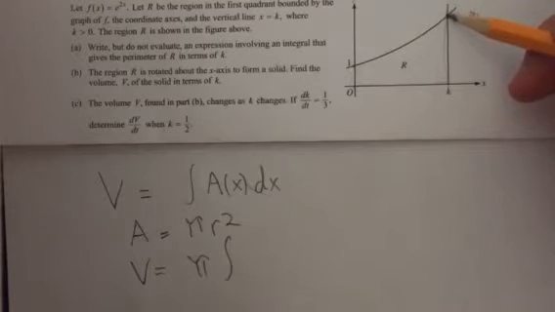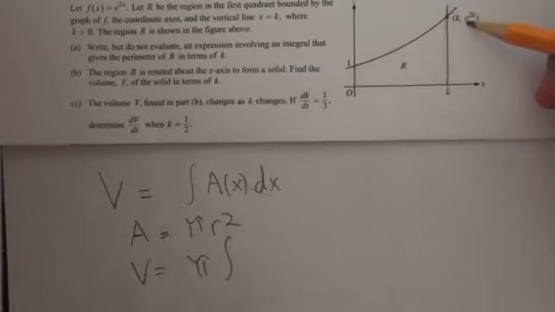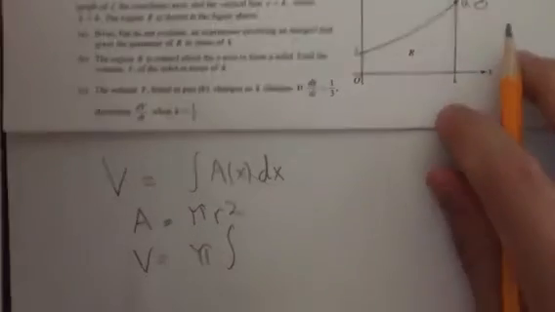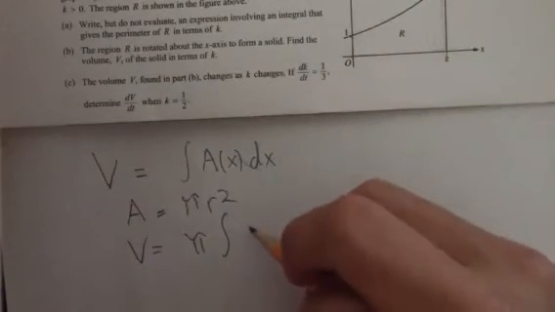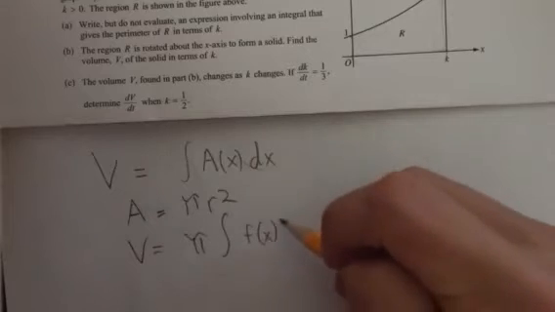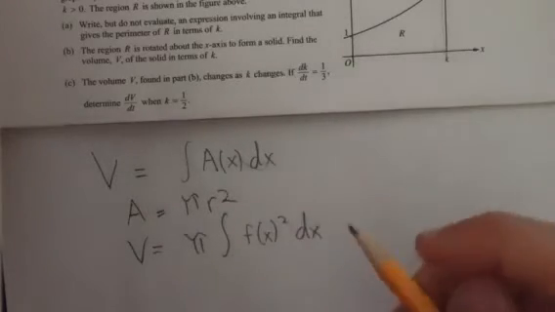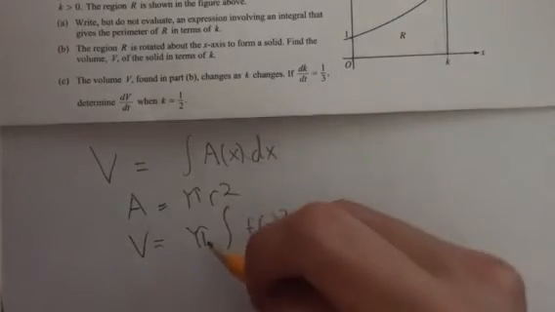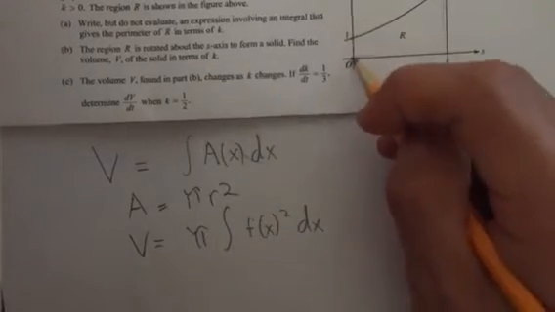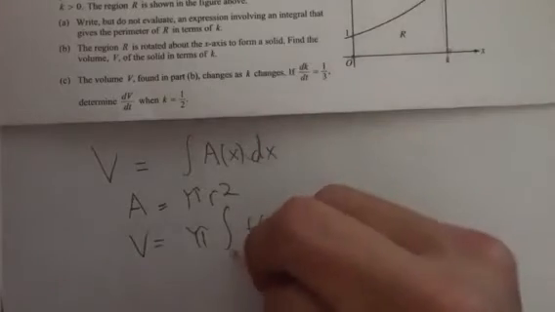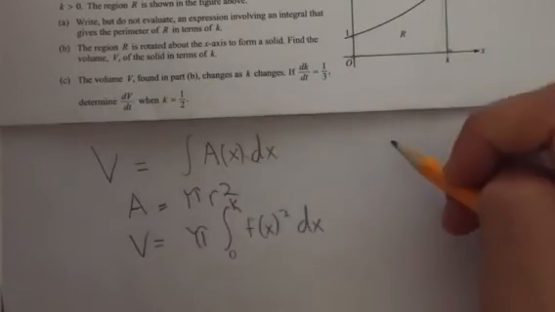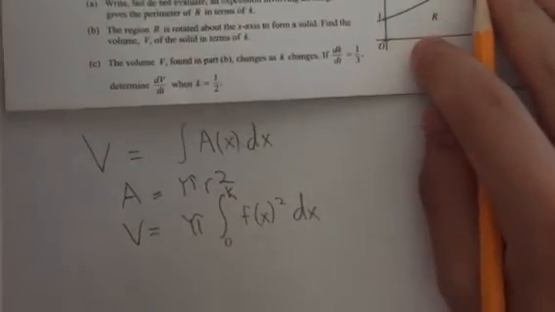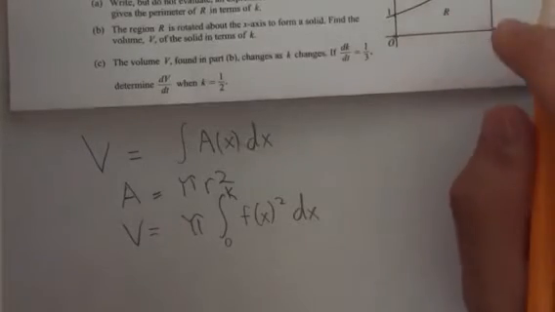For example, here the radius would be e to the 2k, since that's the distance from that point to the x-axis. So we can just say f of x squared. And this integral is going to be from the starting x value to the ending x value, or from 0 to k. So that is our form for the volume.